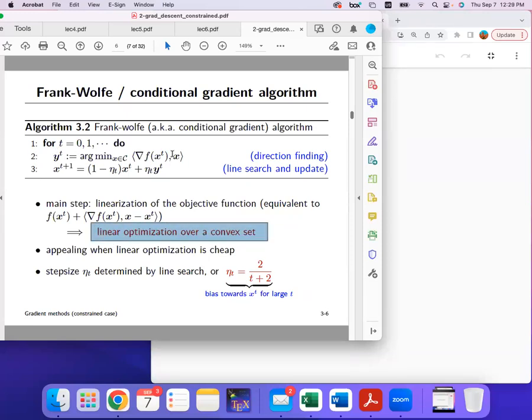That is line 2. This method is appealing when the second step can be computed easily. And the step size rule we typically use is this one, a theoretically guided step size. We will show it very soon. It's 2 over t plus 2.